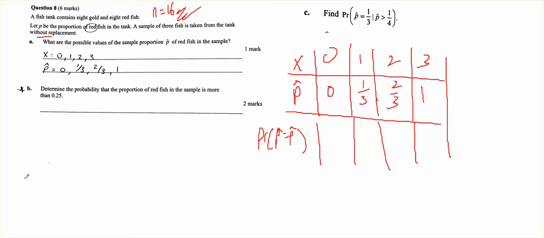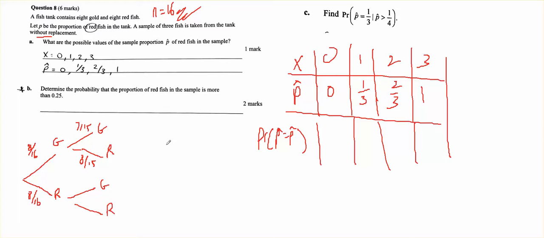So if I draw my first fish, I can get gold or red, and that is 8 out of 16, 8 out of 16. For my second, I can get gold or red, and that's 7 out of 15, 8 out of 15. And I can get gold or red, and that is 8 out of 15, 7 out of 15.